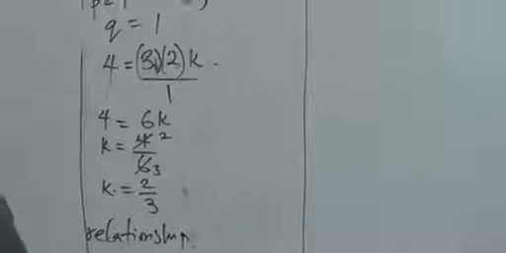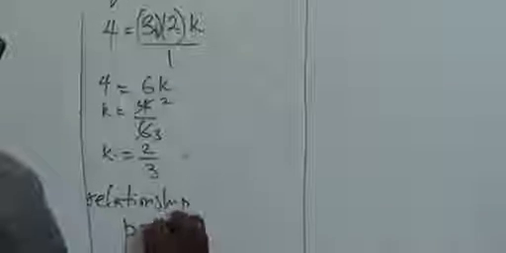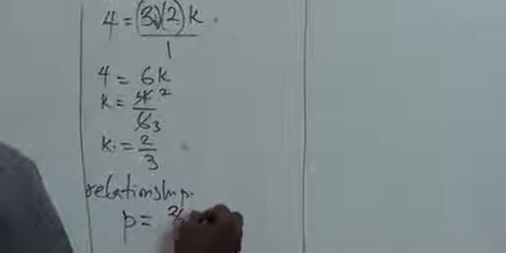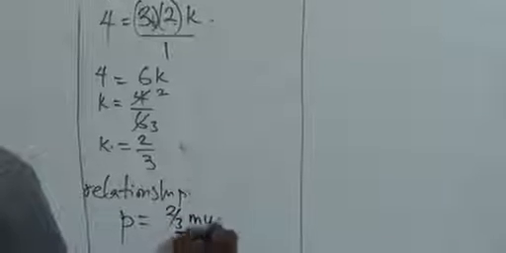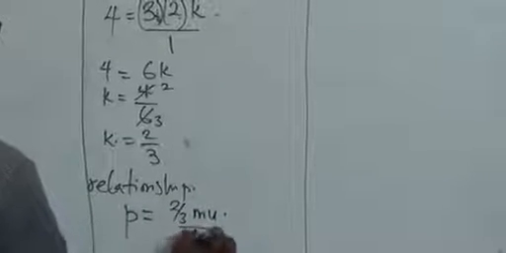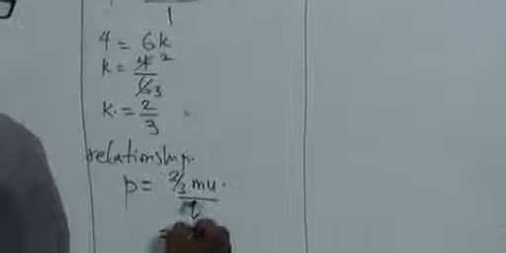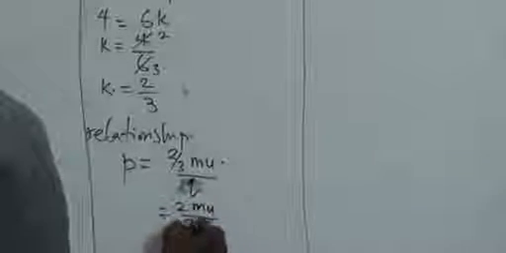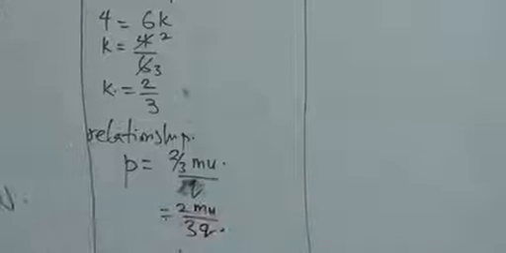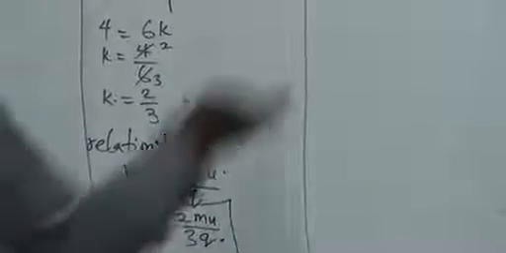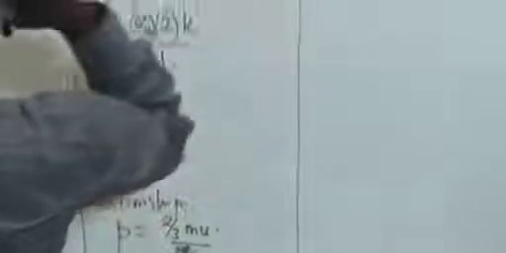So we have P equals 2 over 3 MU all over Q, which is the same thing as 2MU all over 3Q. So this is our relationship.